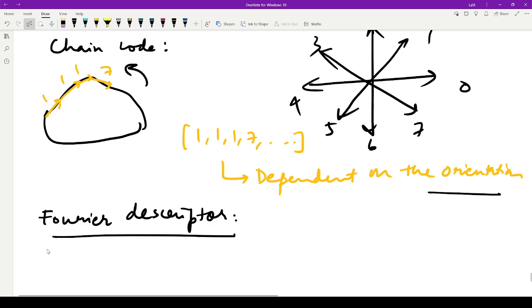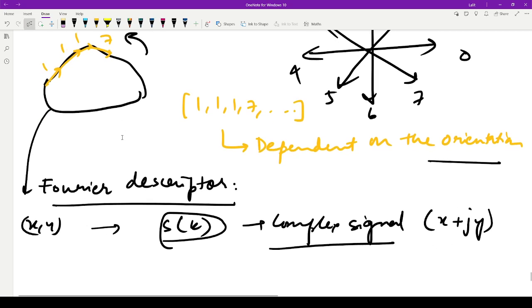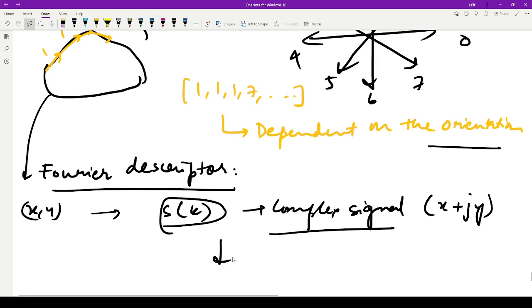As I said, just take all the XY locations out there, which turns out to be s(k), which is a complex signal consisting of x plus j times y, and then take the Fourier transform, specifically the DFT.